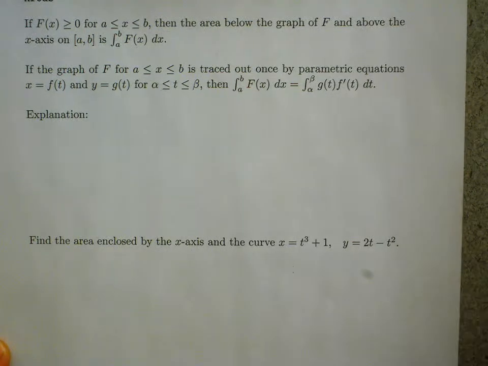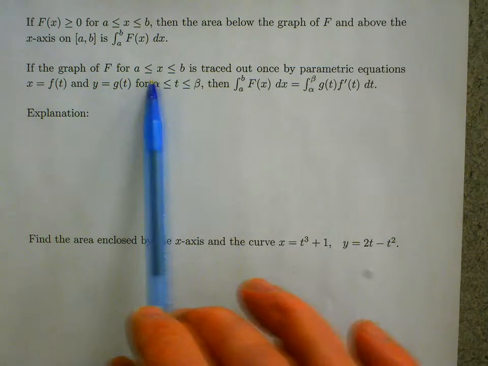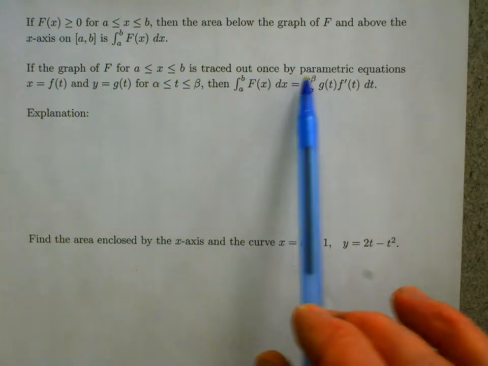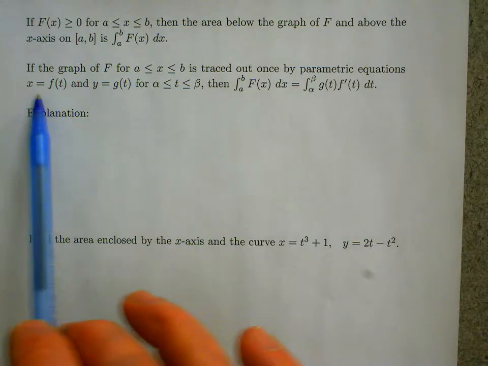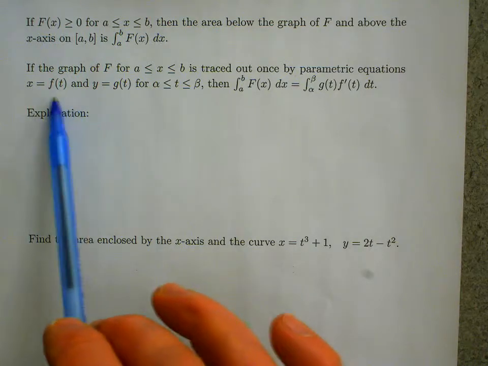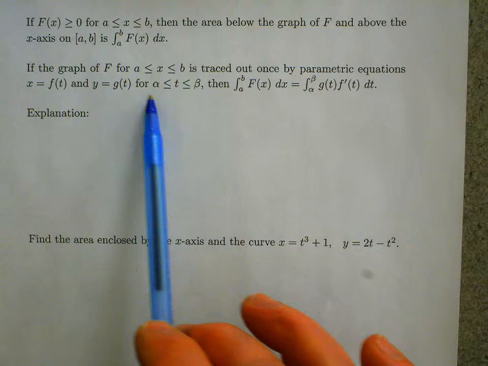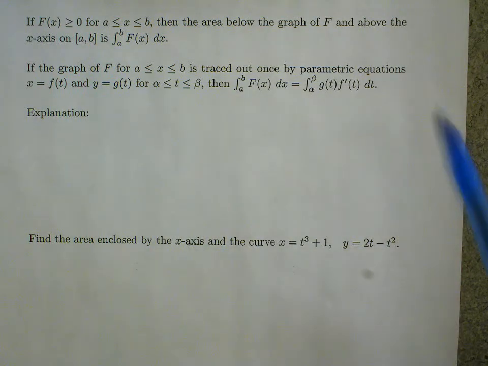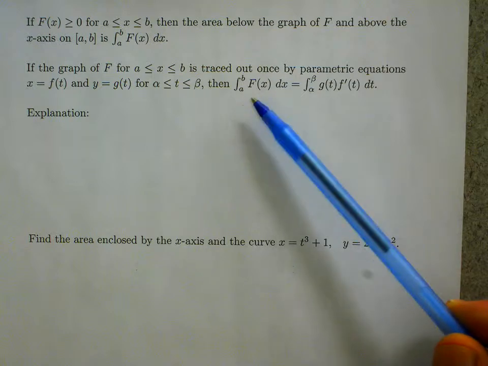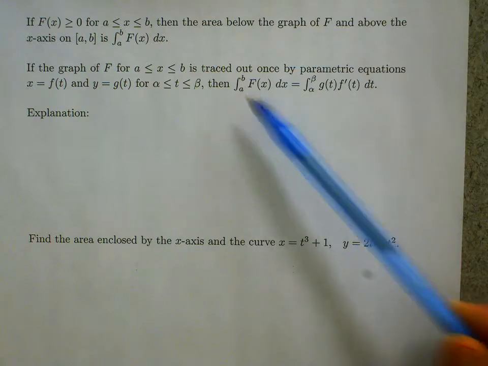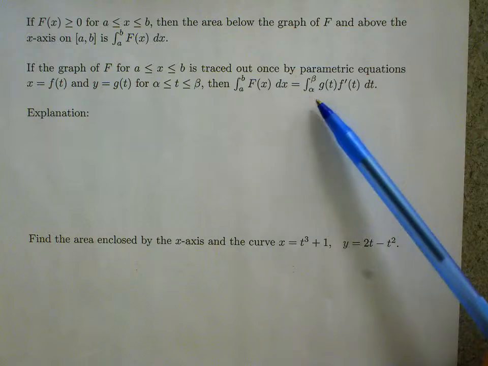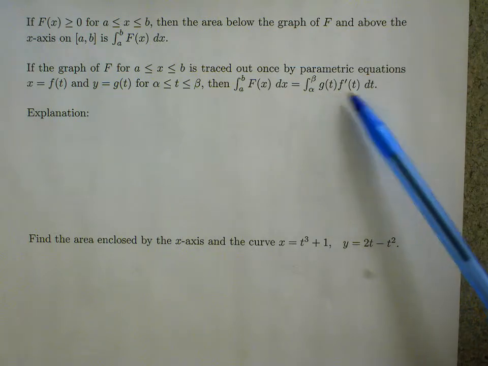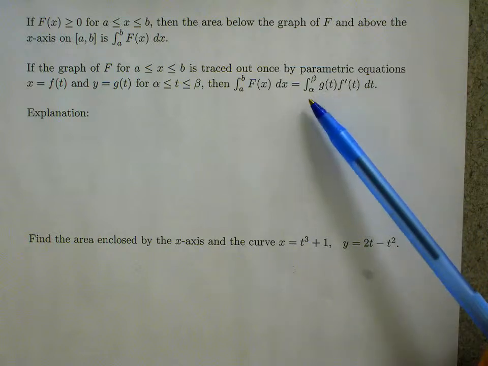If the graph of F for values of x between a and b is traced out once by parametric equations x equals lowercase f of t and y equals g of t for values of t between alpha and beta, then the definite integral of F of x dx from a to b is equal to the definite integral of g of t times f prime of t dt from alpha to beta.